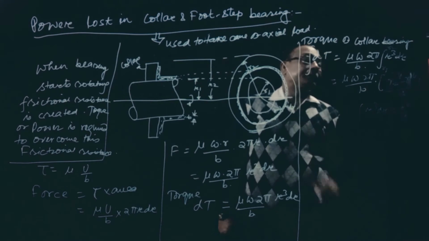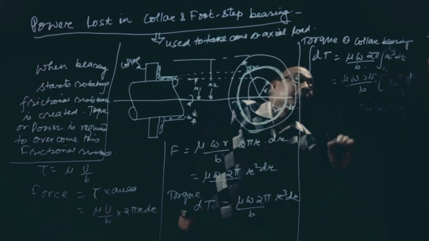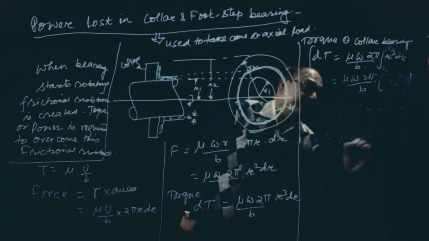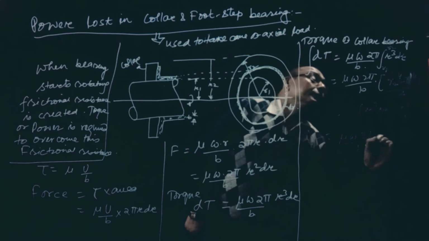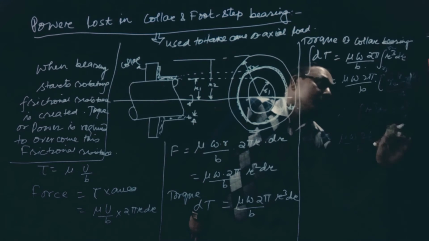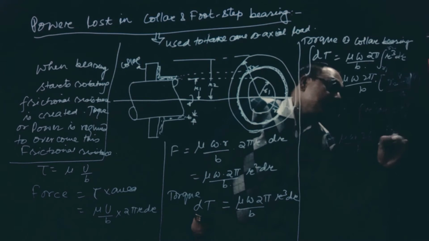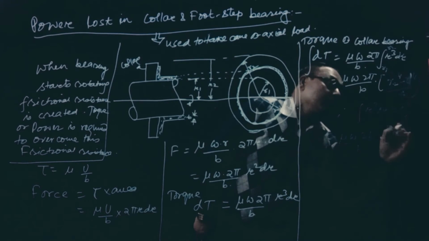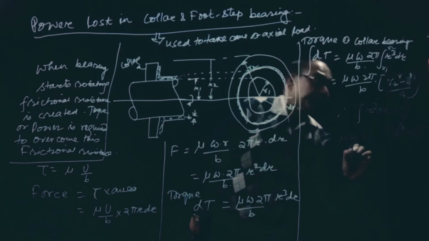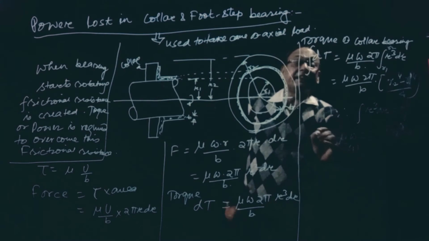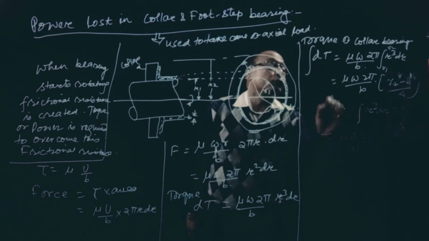So 4 we have taken out. So this is mu omega 2 pi by b into r2 to the power 4 minus r1 to the power 4 divided by 4. So 4b. Okay, so this is the equation to find out the torque.